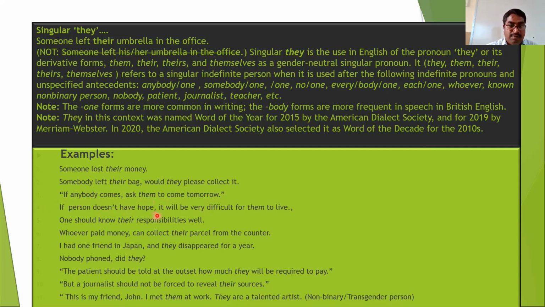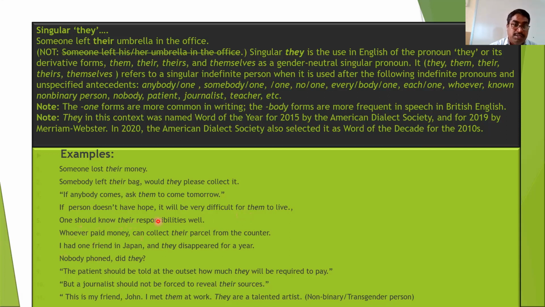If a person doesn't have hope, it will be very difficult for them to live. Again, person is what? Indefinite pronoun. It will be very difficult for them to live, not for him or her to live. Hope you are getting it.